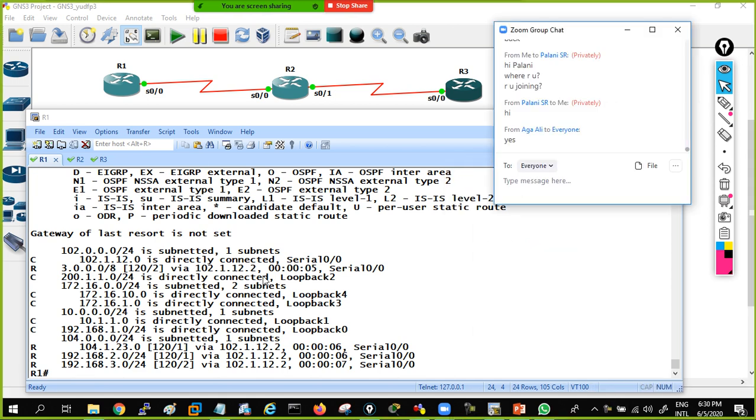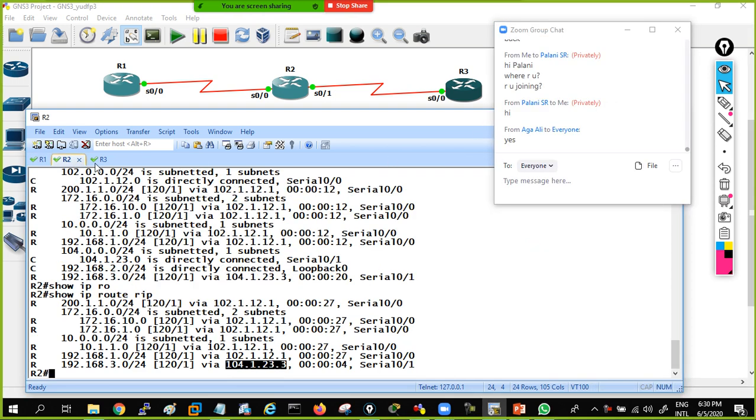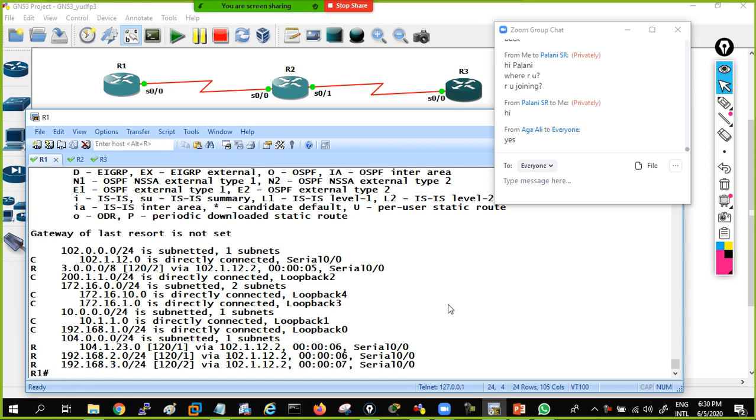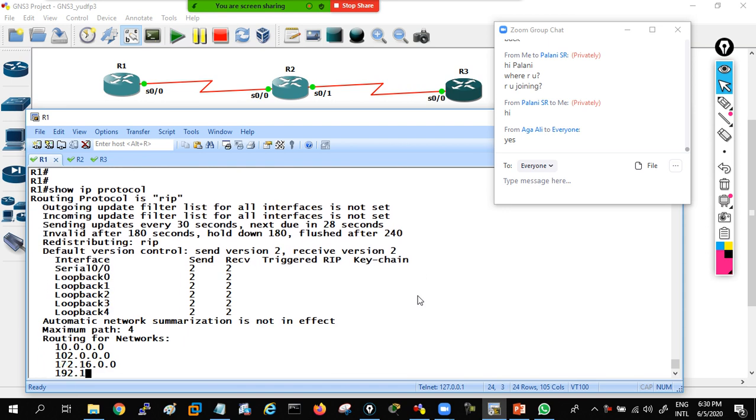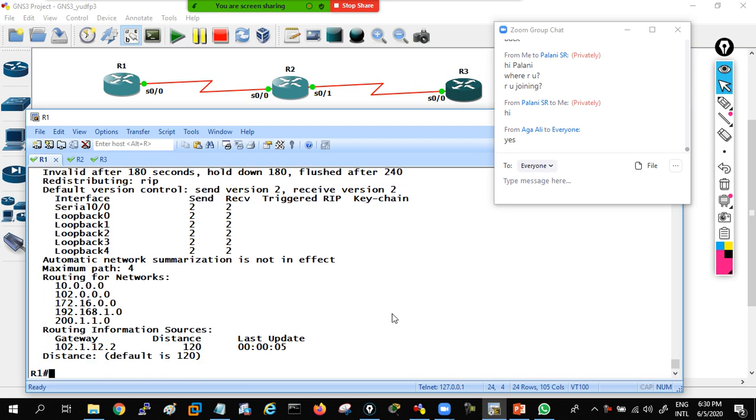Perfect. Let's go now. Whenever I type show ip protocols, I can see some important information, guys. Right now, we disabled auto summary, that's why this is showing that.